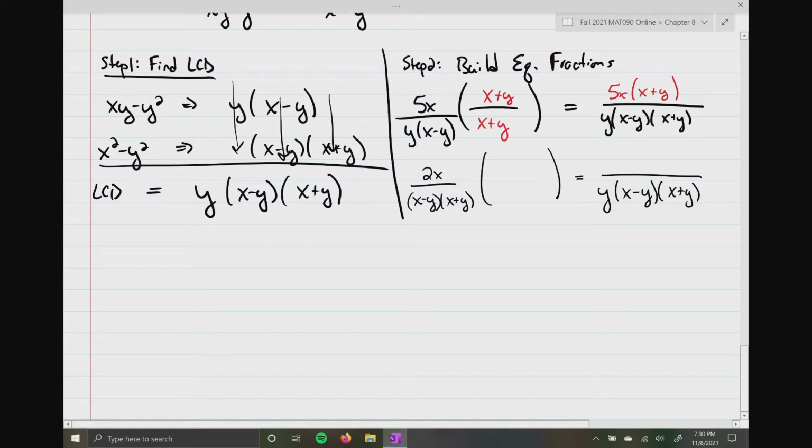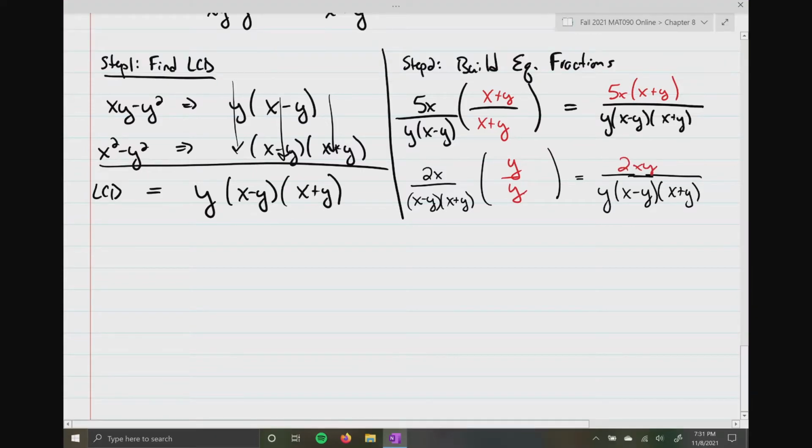So the only thing we have to multiply this fraction by to build an equivalent fraction is the variable y, because you already have the x minus y and x plus y. So in the numerator here, maybe I should write this in red, because I've been writing everything else in red. Keep it nice and consistent. Y over y, so this is going to be 2xy.